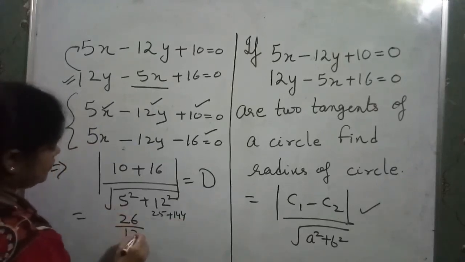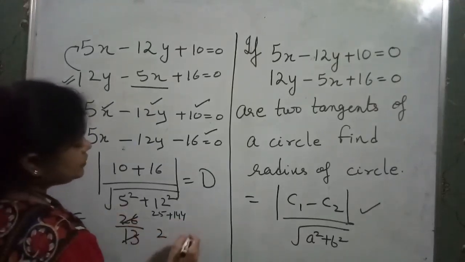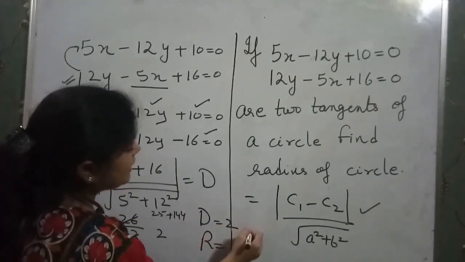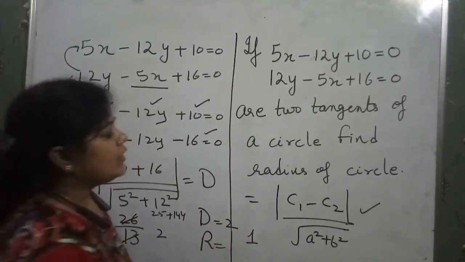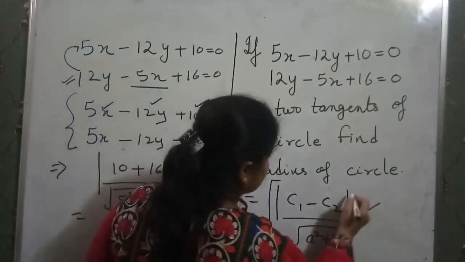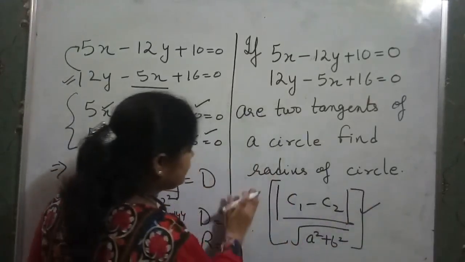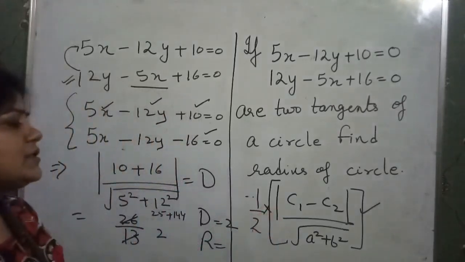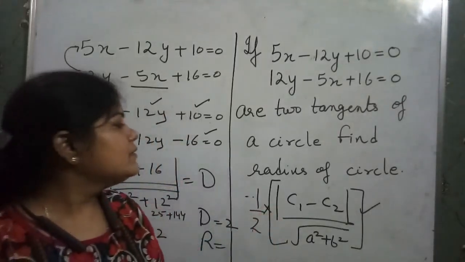So it gets cancelled, it is 2. So the value for diameter is 2. So the value for radius is 2 by 2, that is 1. Or you can also write here, the radius of the circle, the formula for that is into 1 by 2. Clear? In this way you can find the radius of the circle.